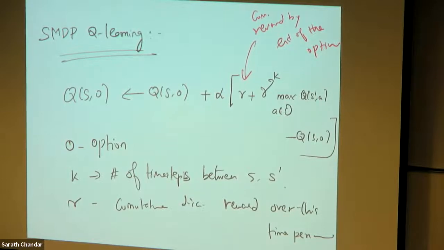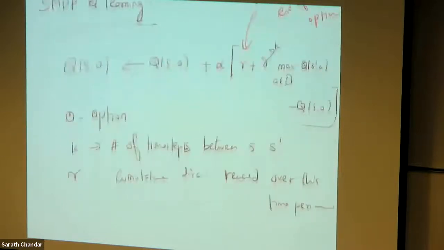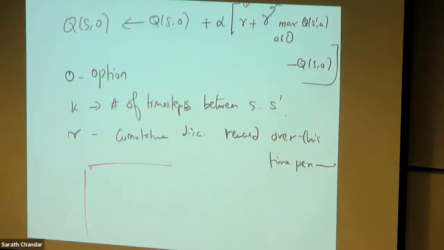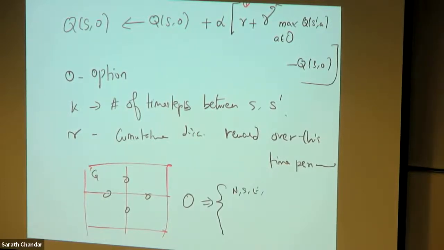Is that clear? Now, for example, we can go back to the four-room world again. Let's just say there's a goal somewhere and I want to reach the goal. I could have this capital O, which is a bunch of options. This includes the primitive options: north, south, east, west.